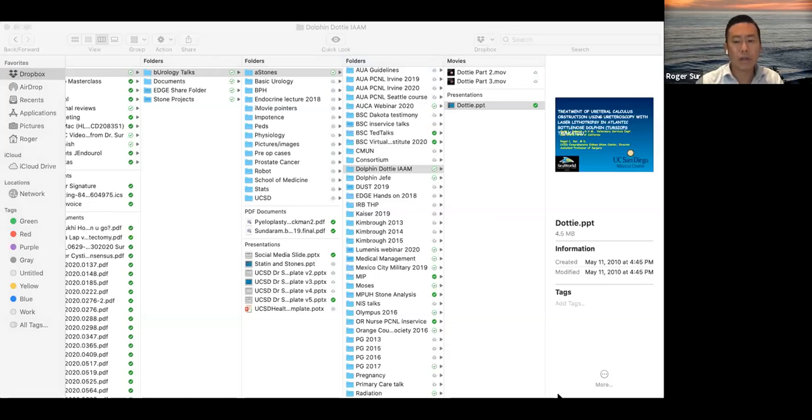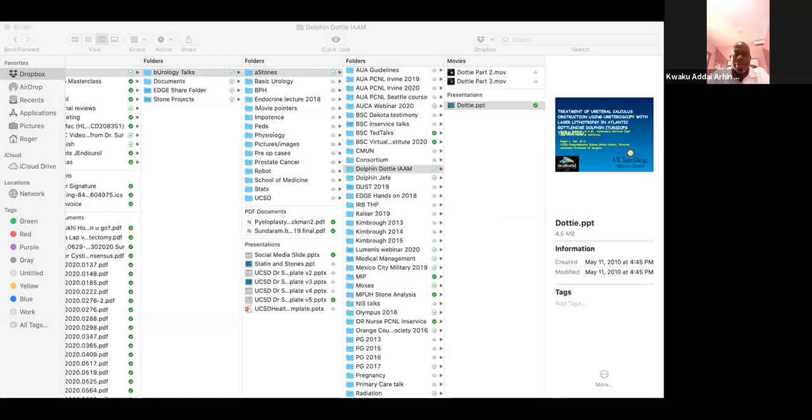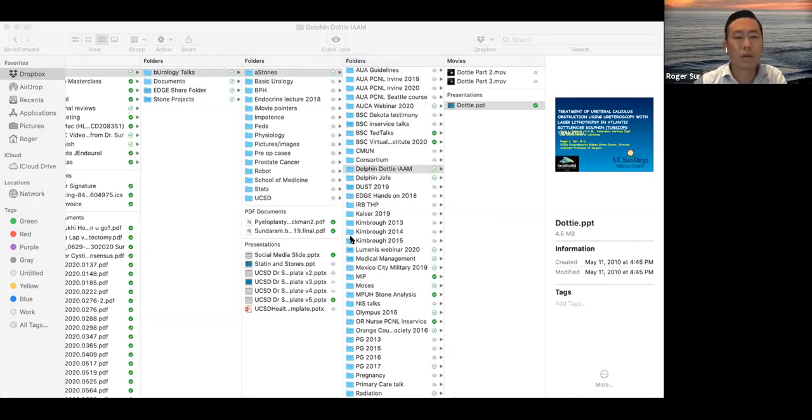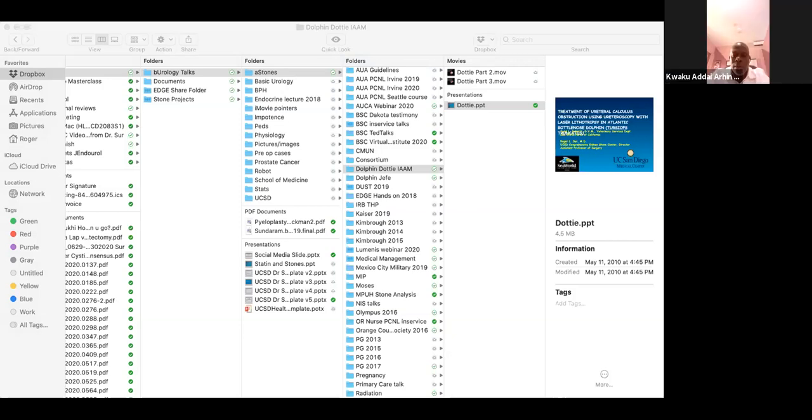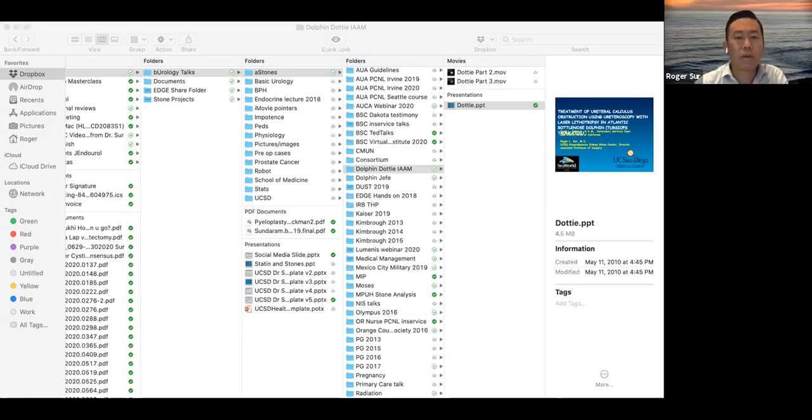Can you see the slides? Yeah. I operated on a dolphin here a couple of years ago. A dolphin? Dolphin, and she was a mother, and she was hyperkalemic. She was in kidney failure. And this is her kidney stone on ultrasound.